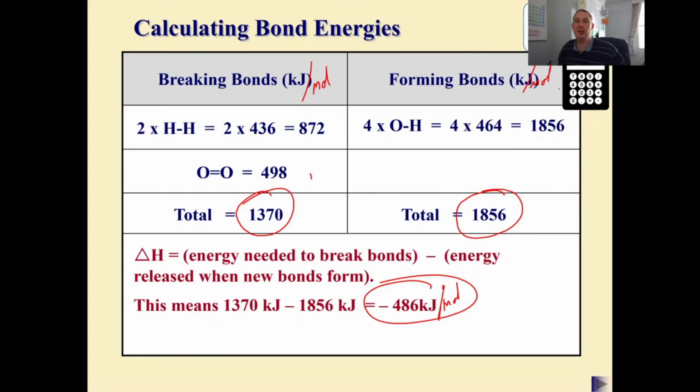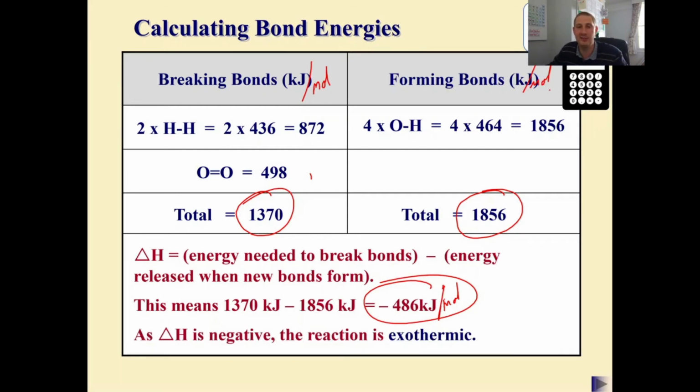Now, I'm hoping you all realise it should be a negative number. It's a fuel cell. It's used to provide energy, and therefore it is going to be exothermic, releasing energy from the chemicals. And so if you've got a positive number, I really hope you thought, hang on, I've done something wrong here. At A level, you certainly need to be able to do that so that you can tell if you've made a mistake.